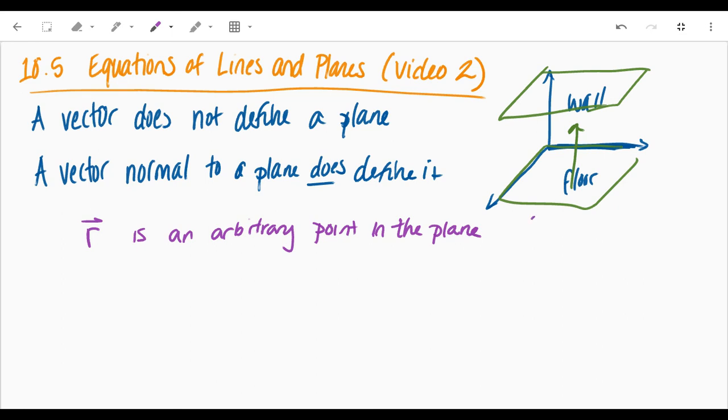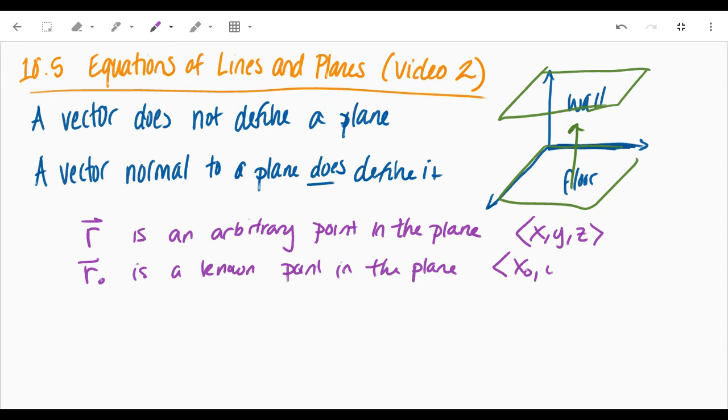The position vector of r is just x, y, z. Those are your variables, right? r naught is a known point in the plane, so that one will have specific values, and we'll call it x naught, y naught, z naught.